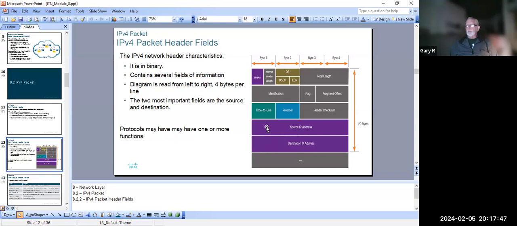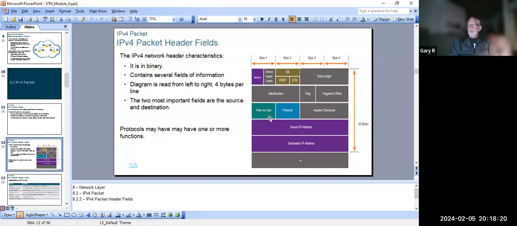So first of all, we have a version field right here, okay? If it's IP version 4, it's going to say IP version 4. And that, of course, is important to the receiver to know which version of IP it should be using to interpret the rest of this. Let's skip all of this right there. Go down to time to live. Okay, so the TTL is a very important field in an IP header.